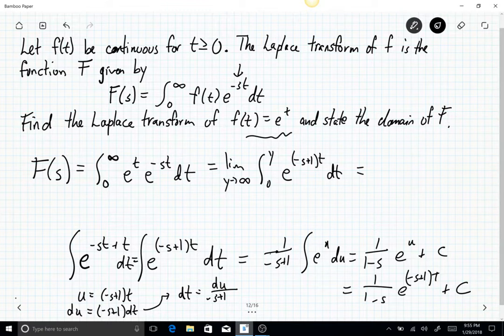This thing becomes the limit as y approaches infinity of 1 over 1 minus s, and then e to the (negative s plus 1) times t, evaluated at 0 and y. Okay, so moving forward from there, you get the limit as y approaches infinity.